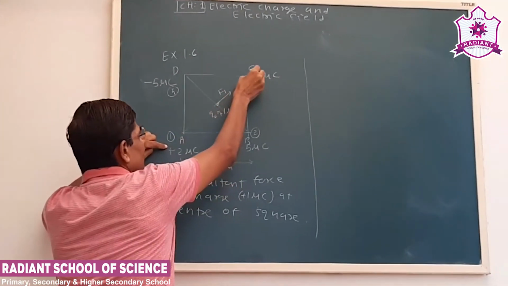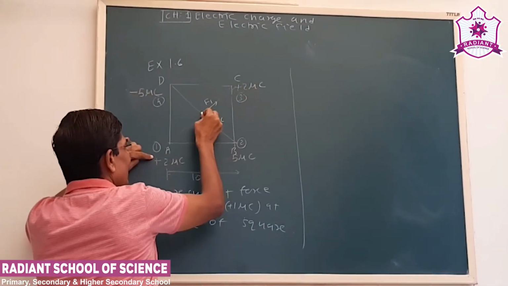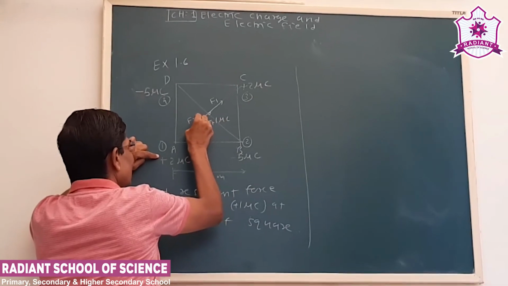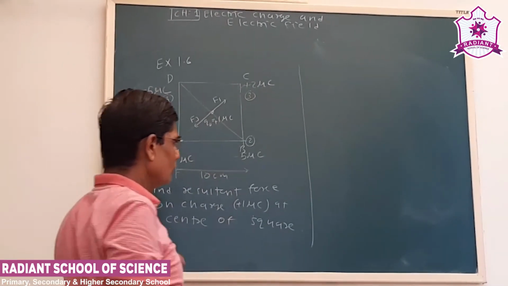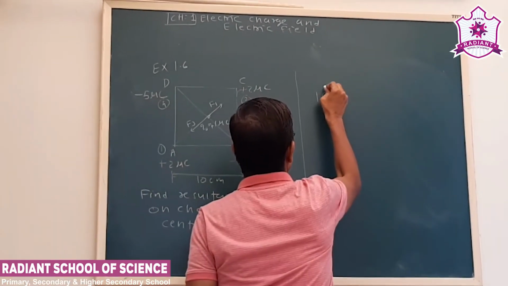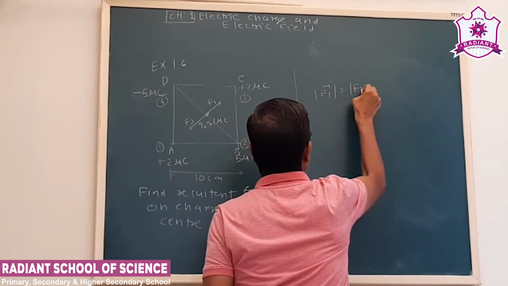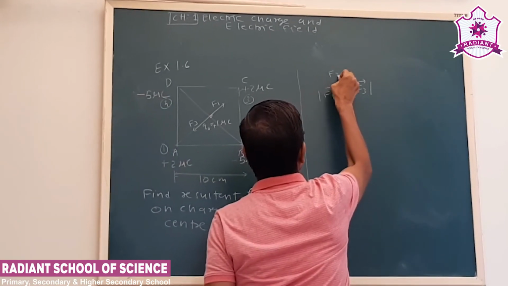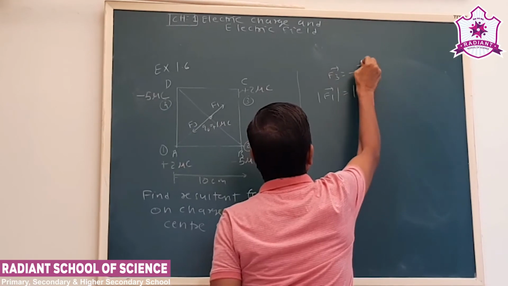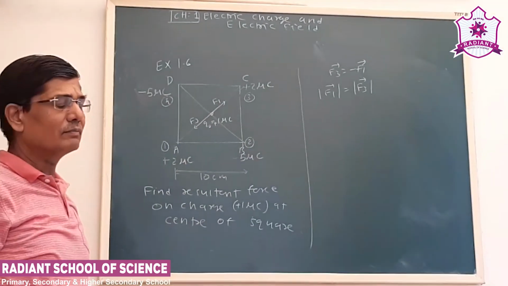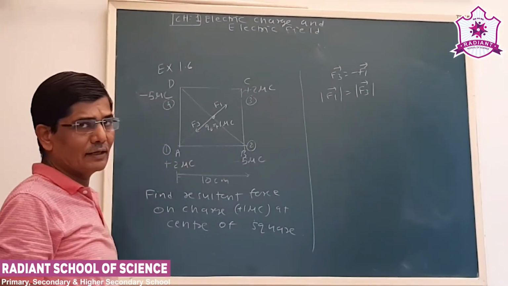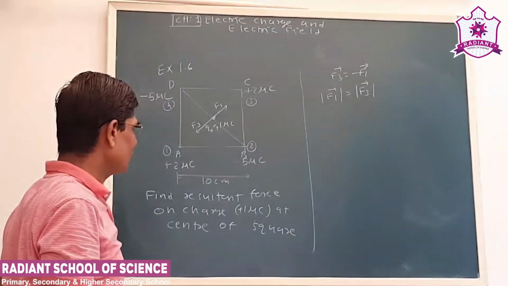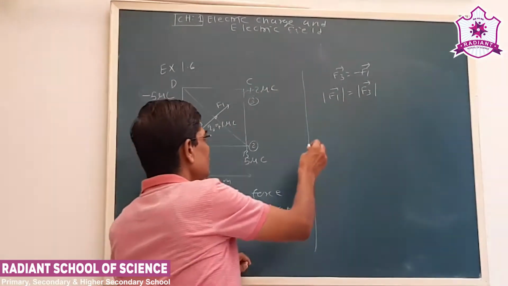The force due to the charge at C, let us say F3, again will be repulsive. What we see here, F1 and F3 have the same magnitude in opposite directions, so the resultant will be 0.